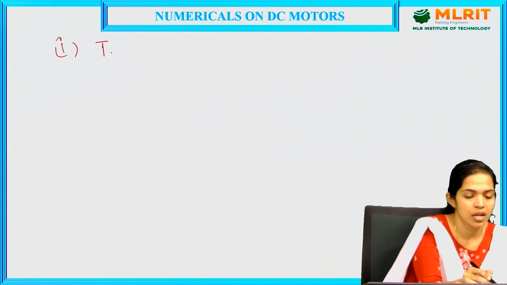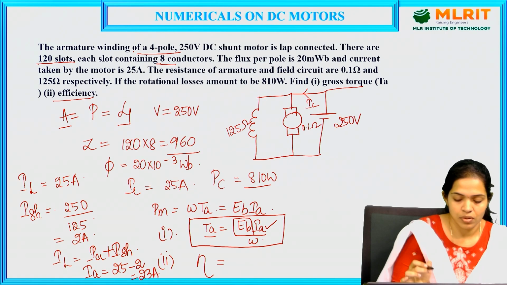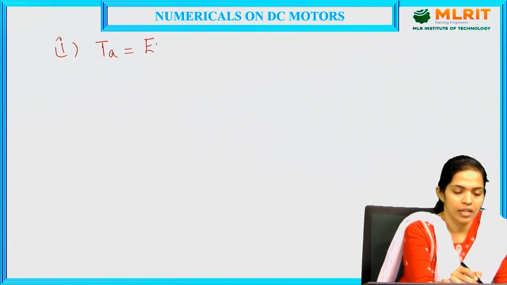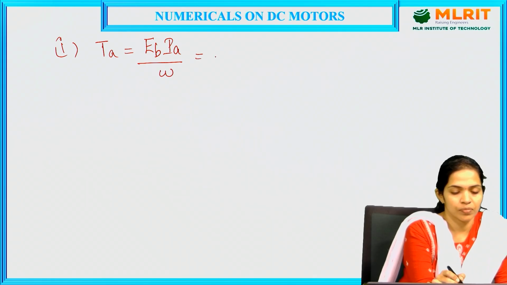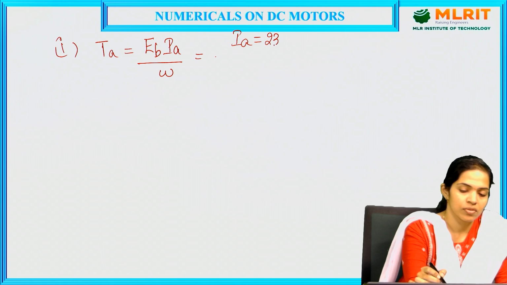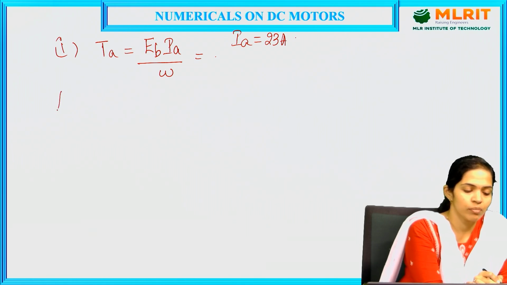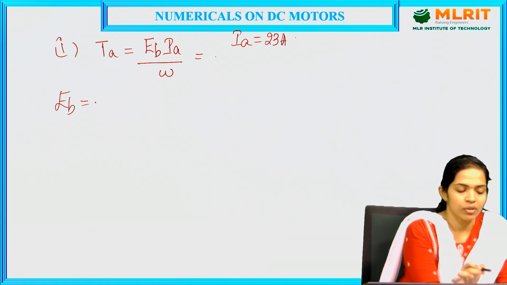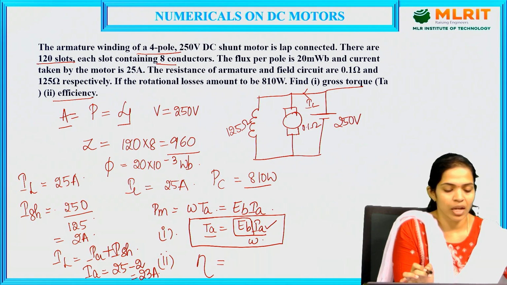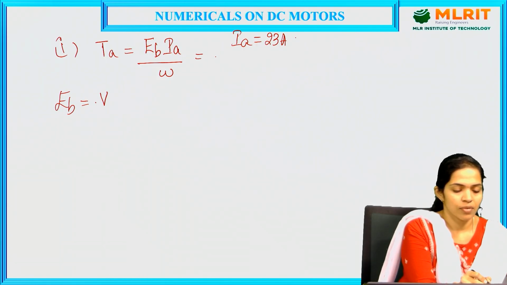So case 1, to calculate armature torque, we have the equation as EB into IA by omega. So we got the IA value as 23 amperes. Then we need to find out EB now for the shunt motor. So EB for shunt motor can be written as V minus IA RA.